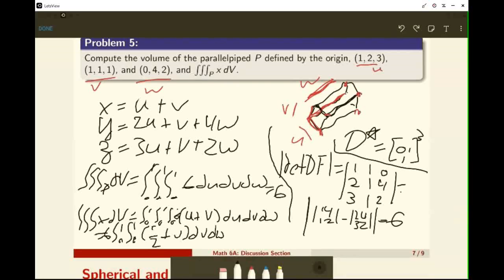Evaluating that at 1, we get both of them equal a half, and so we get just a 1 as the second integral there, and then we've got 6 times the integral from 0 to 1 of 1 dw, which is just going to give us 6 again.